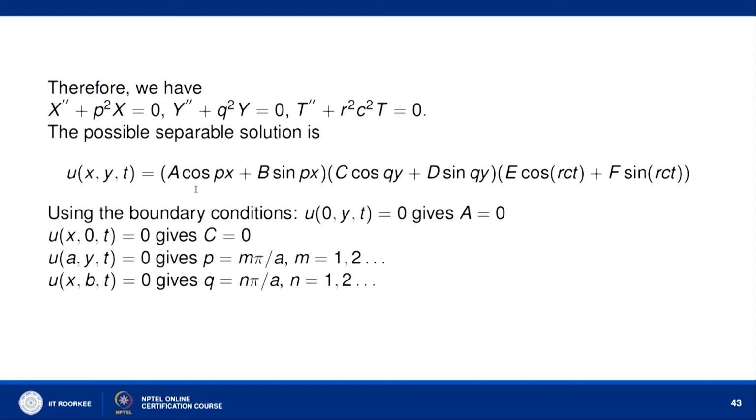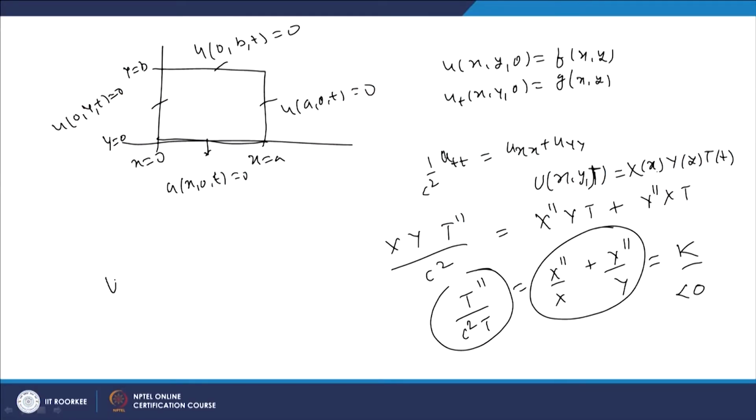So here we try to use our initial conditions. Now what is the initial condition? u(0,y,t) equal to 0. So when you put u(0,y,t) equal to 0, it means X(0) Y(y) T(t) is equal to 0. Now Y and T cannot be 0, so X(0) has to be 0.